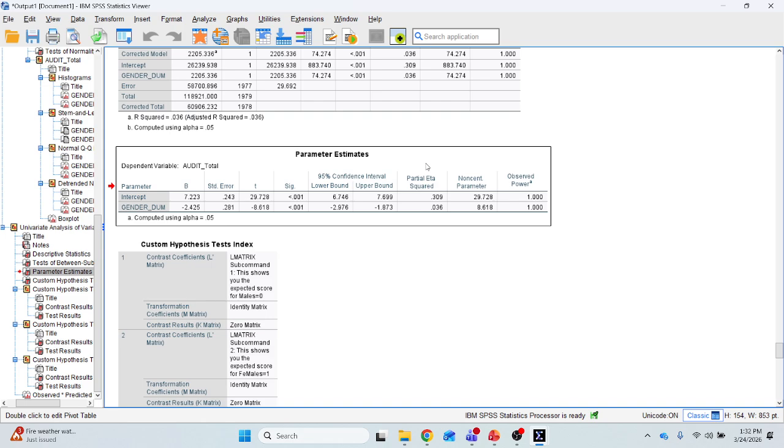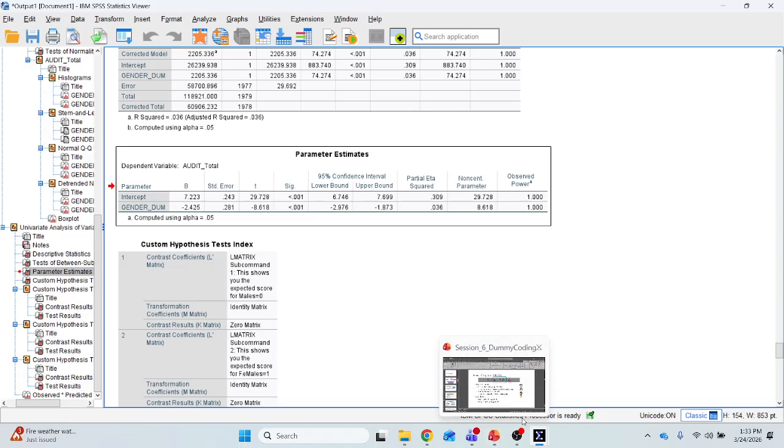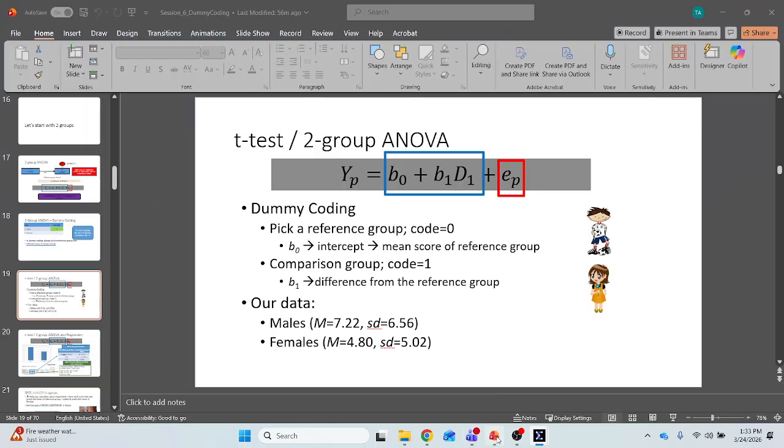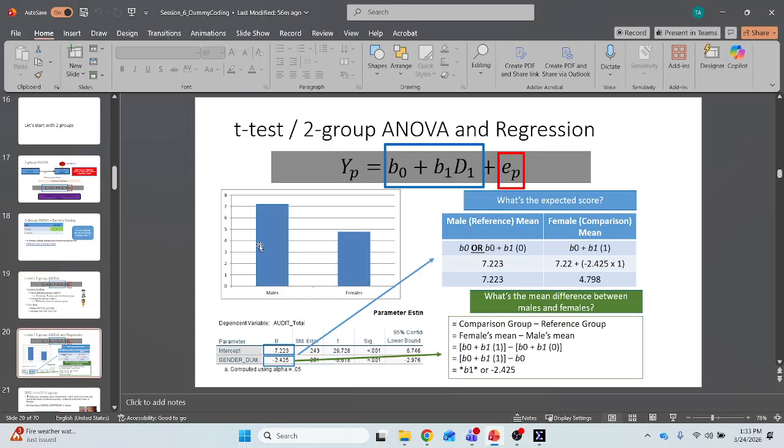Now, is the difference between males and females significant? Everything that we've talked about before is the same. The parameter estimates, yes.